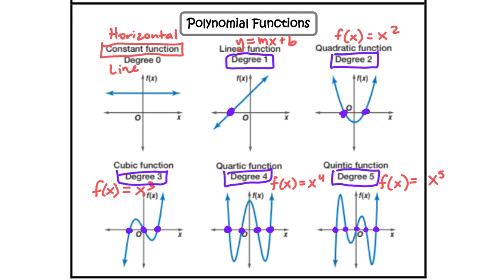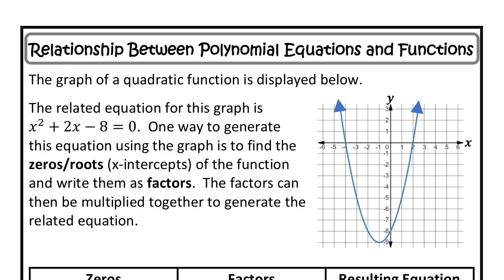Okay, so now let's talk about zeros and factors, right? So let me go over to the next page. So we wanted to talk about zeros and factors, the relationship between polynomial equations and functions. So again, polynomial equations, when we talk about equations, they are equal to 0. So we actually have an equation right here.